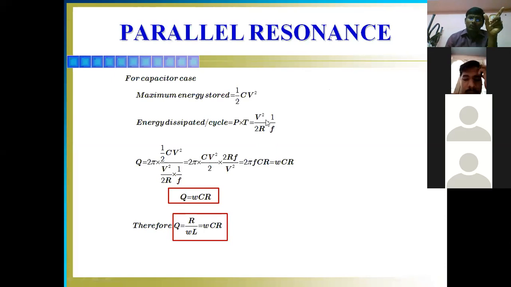So V square by 2R into T, 1 by F. You just substitute these two here.